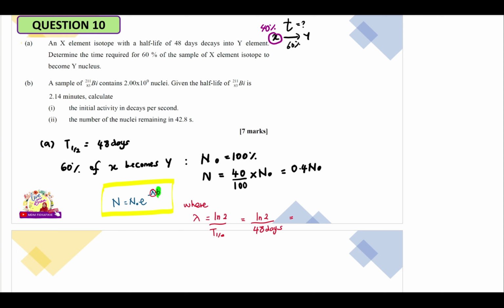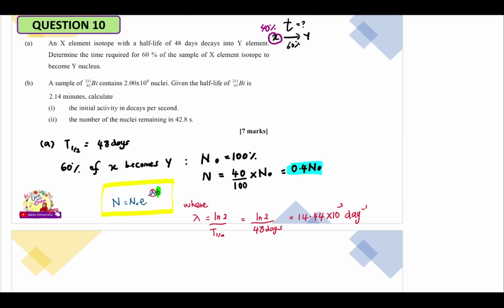Sebab ini unit ln 2 over 48 days. So the unit for the decay constant should be 14.44 exponent negative 3 per day. Day negative 1. Macam tu. So barulah kita boleh selesaikan. N is equal to N naught. So N tadi berapa? 0.4 N naught. Nilai N naught tu kita tak tahu berapa.